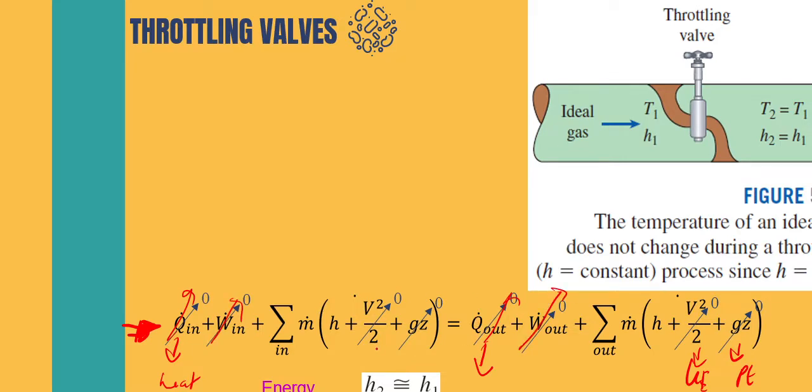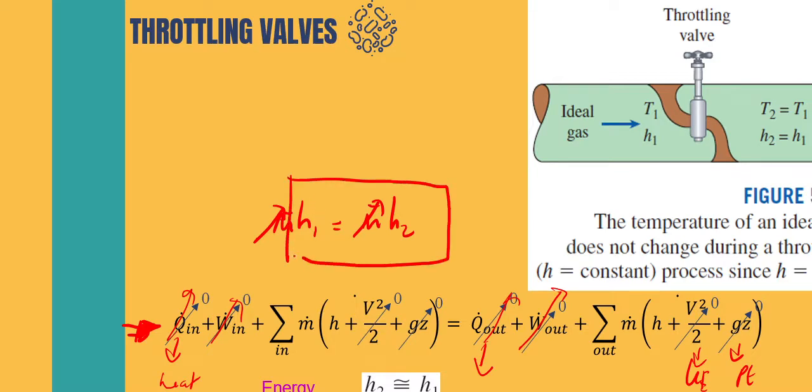And then you are only left with M H1 equal to M H2. Because M in equals M out, your equation simplifies to H1 equal to H2, enthalpy 1 equals enthalpy 2. You know that enthalpy is U plus PV, the internal energy plus flow energy. So the enthalpy does not change, because H1 equals H2.